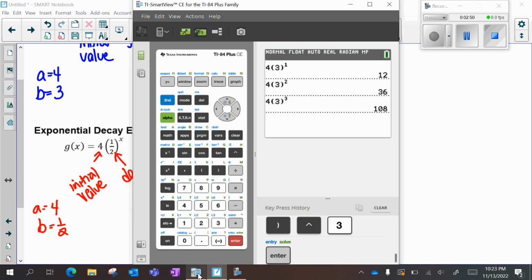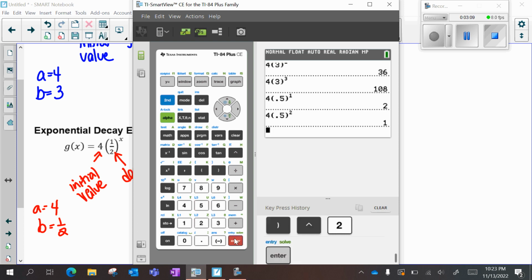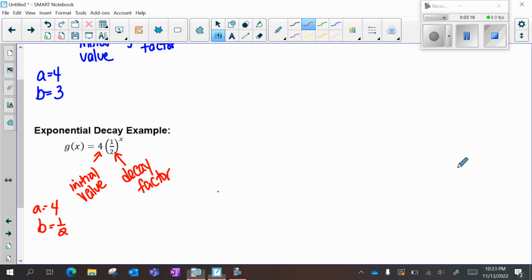And if I go back to my calculator, I can do the same thing here. I'm going to put in 0.5 instead of 1/2, but 4 times 0.5 to the first is 2. 4 times 0.5 to the second is 1. 4 times 0.5 to the third is 0.5.